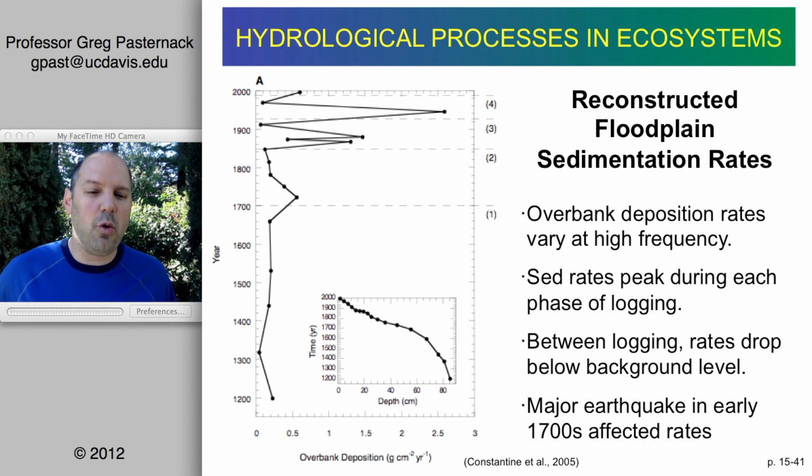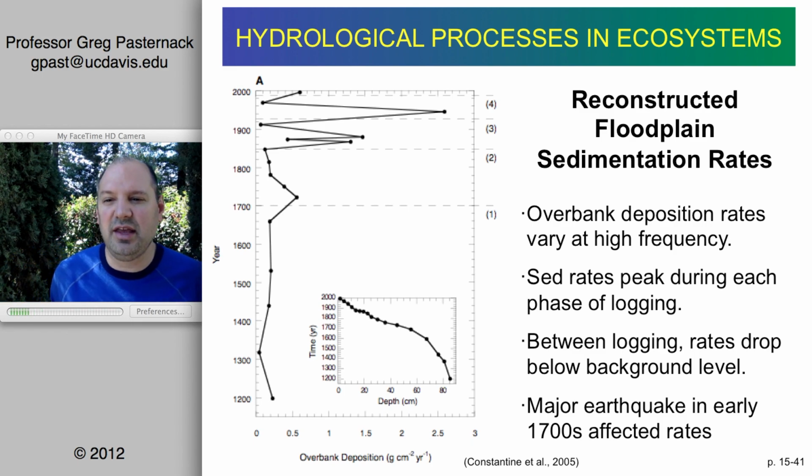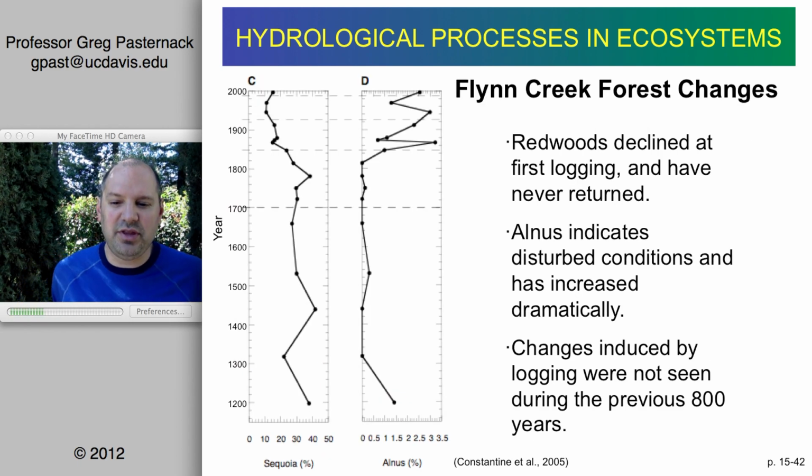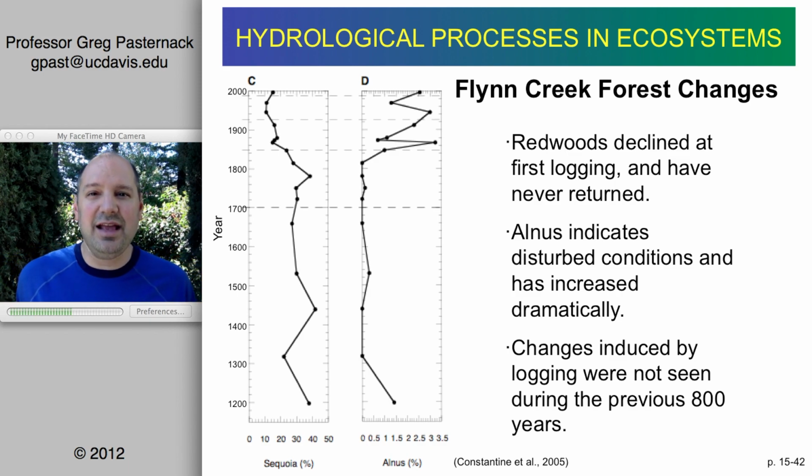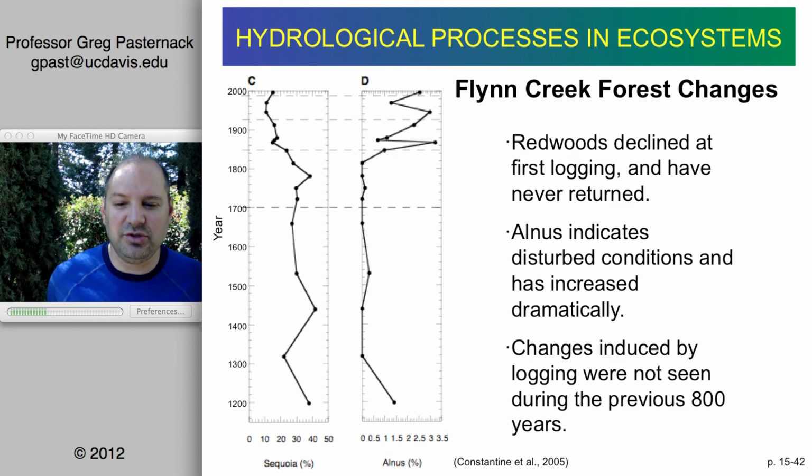So we can use coring as an approach to reconstruct the history of processes that have taken place, and then we can also put that together with the pollen records that we collect to see how the landscape was, the ecology was changing in response to those physical drivers.